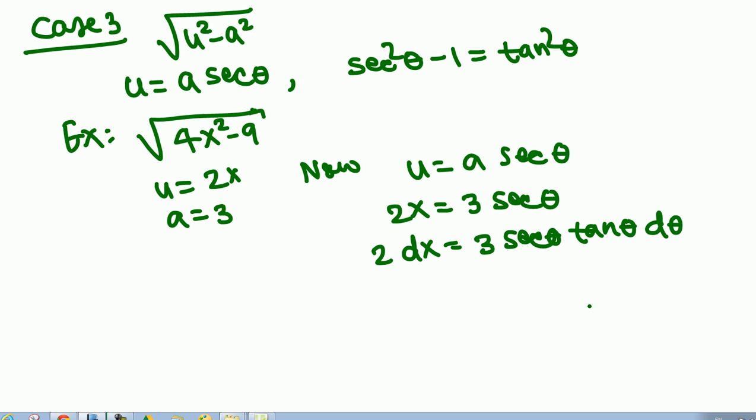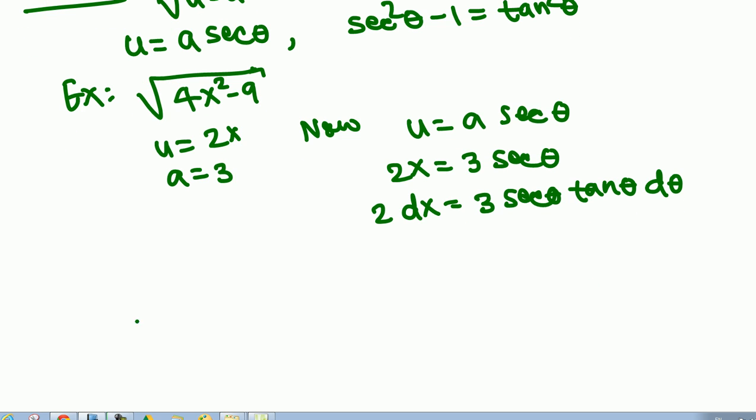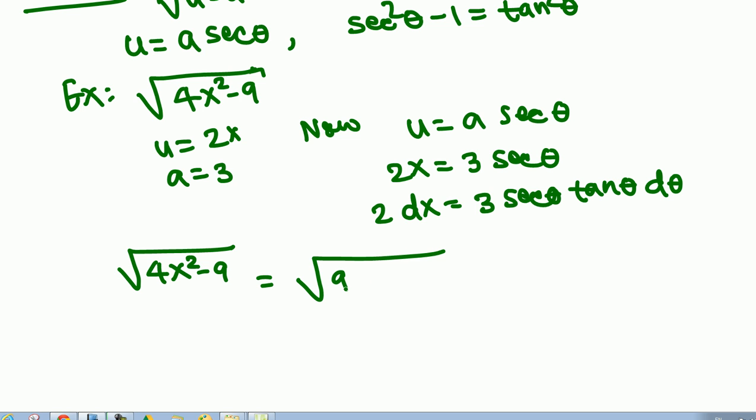Now let's go back and work out this root of 4x squared minus 9. 4x squared is 2x quantity squared, and 2x is 3 secant theta, so 2x quantity squared is 9 secant squared theta, minus 9.